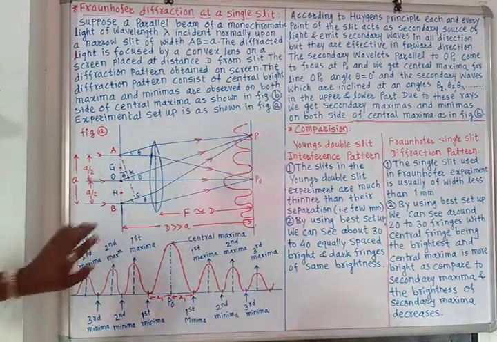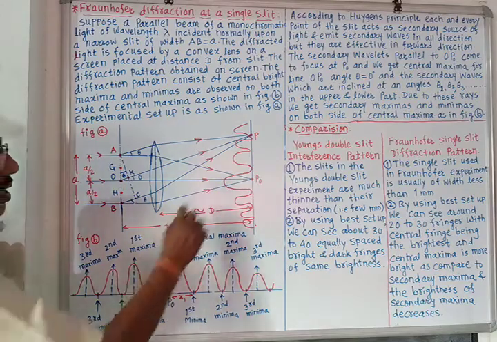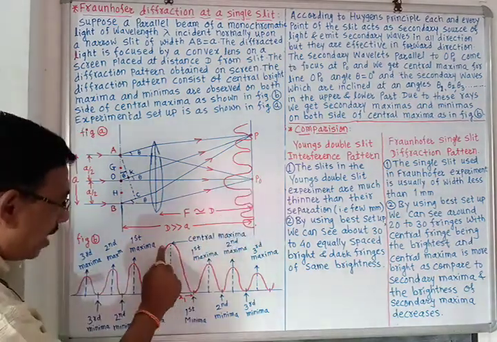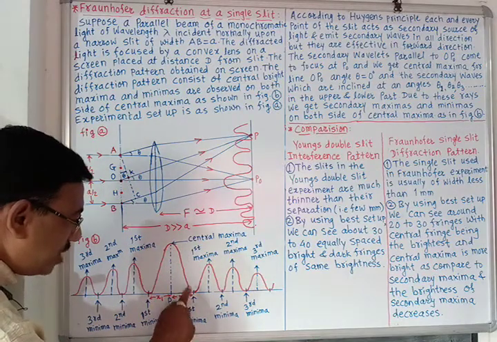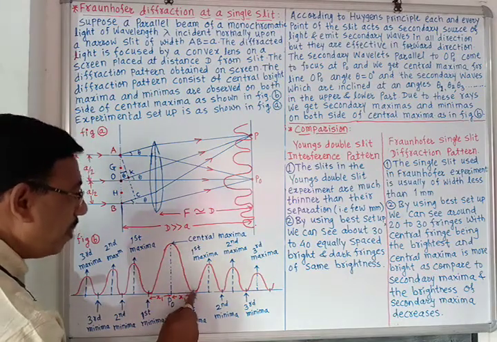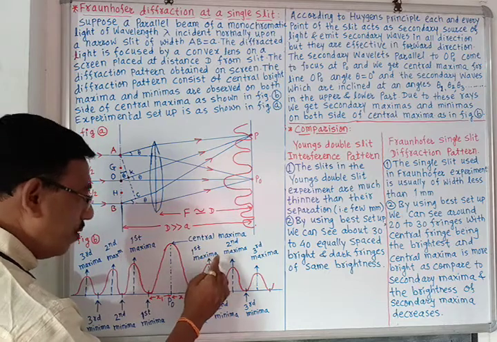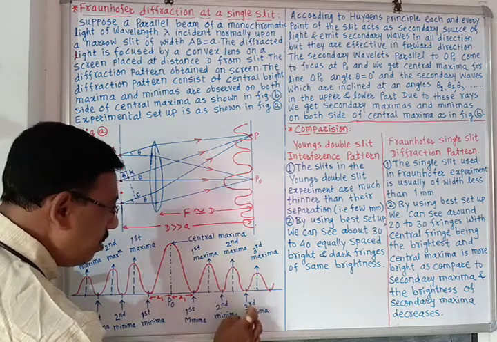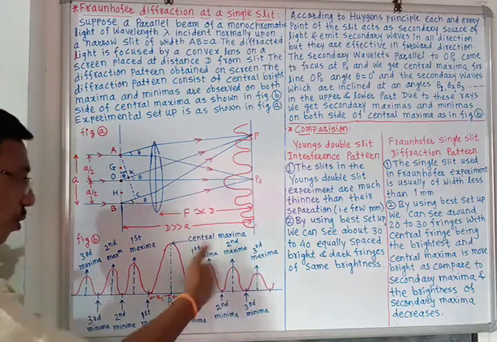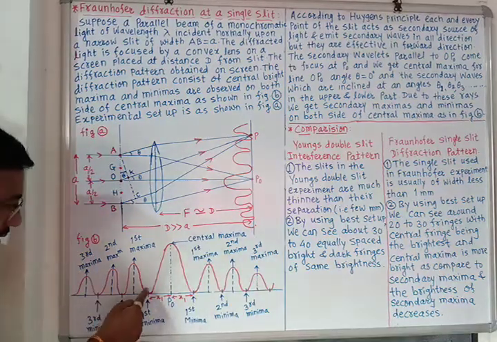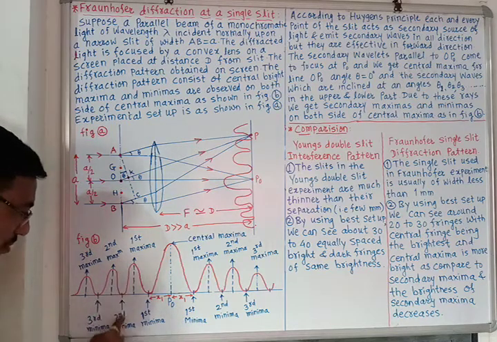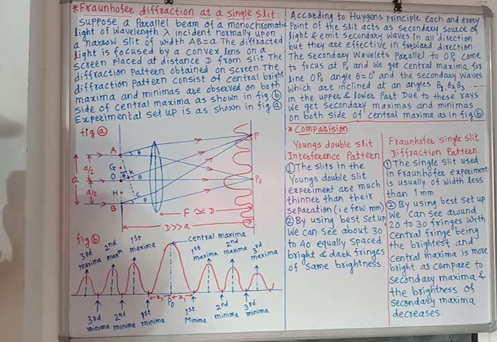Now this one is figure B. Here P0 is the position of central maxima, and central maxima is followed by first minima, then first maxima, second minima, second maxima, third minima, third maxima on both sides.